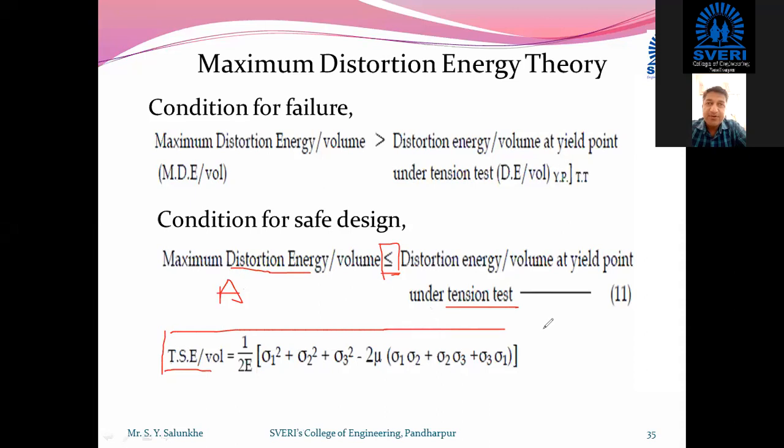It is 1 over 2E into sigma 1 square plus sigma 2 square plus sigma 3 square, minus mu into sigma 1 sigma 2 plus sigma 2 sigma 3 plus sigma 3 sigma 1, in which for biaxial we take sigma 3 as 0. Whatever equation we get will be for the strain energy per unit volume, as we calculated for the previous theory.